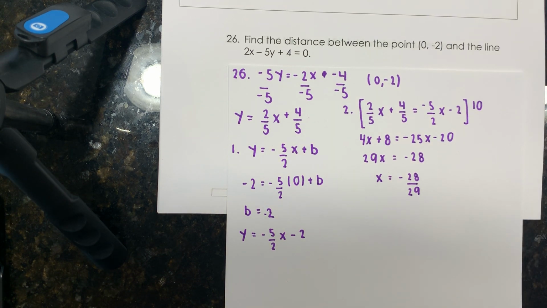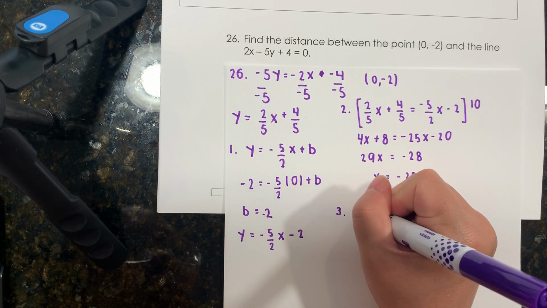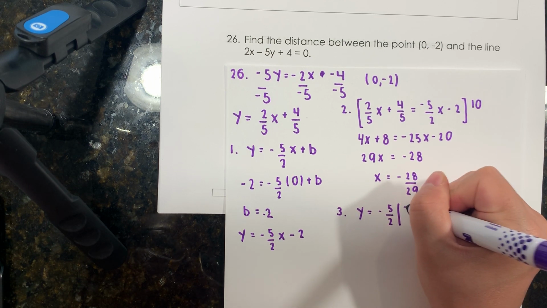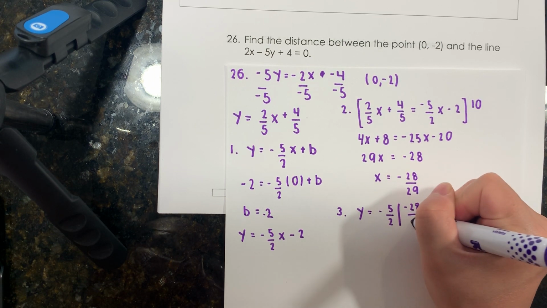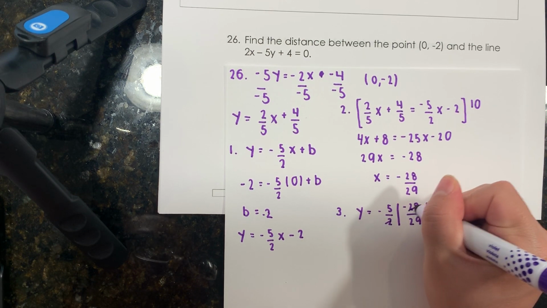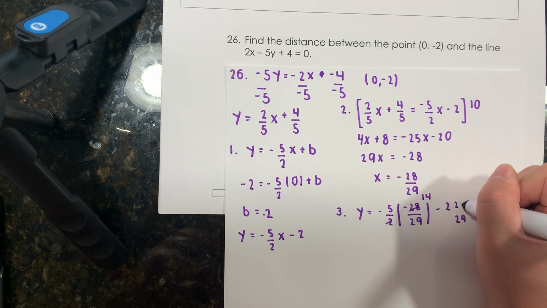Now we have to solve for y by plugging this x into either the original line or the perpendicular line. It doesn't matter which one. So I'm going to plug it into here. That'll be y equals negative 5 over 2 times negative 28 over 29 minus 2. 2 goes into 28 14 times, so the common denominator is just going to be 29.